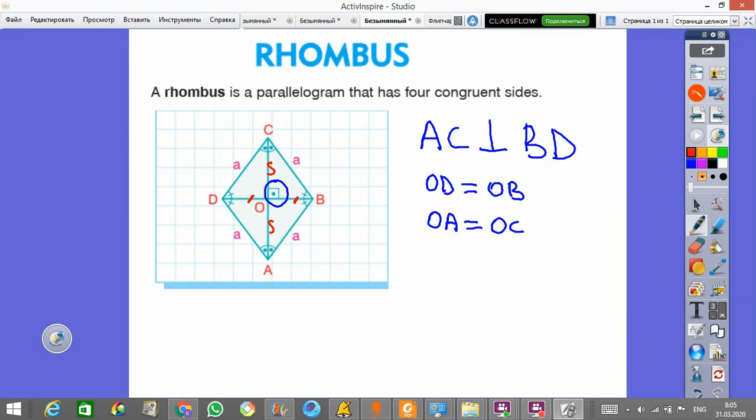Each diagonal in the rhombus bisects two angles of the rhombus. As you see, diagonal AC bisects the angles into two equal parts.